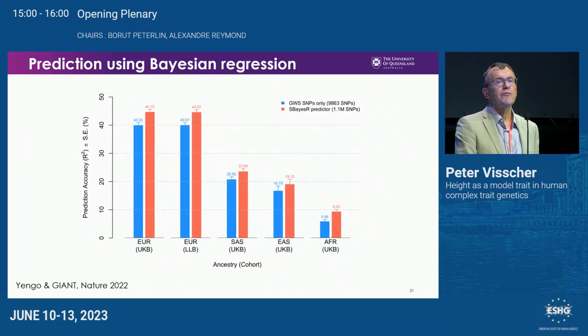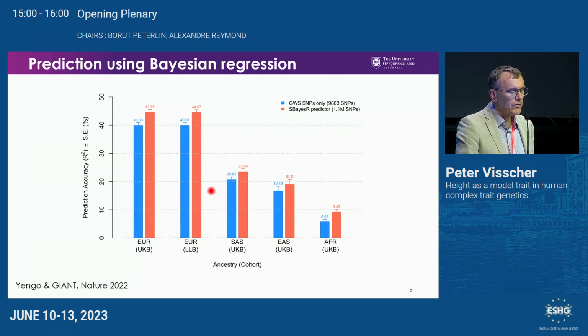So we used one of those called SBayesR, and indeed what we show is, if you do that, instead of going from 40%, these are two samples that we looked at for out-of-sample prediction, one from the UK and one from the Netherlands, in both cases the genome-wide significant SNPs explained 40% of the variance, whereas the Bayesian one picked up another 5% of variation explained.